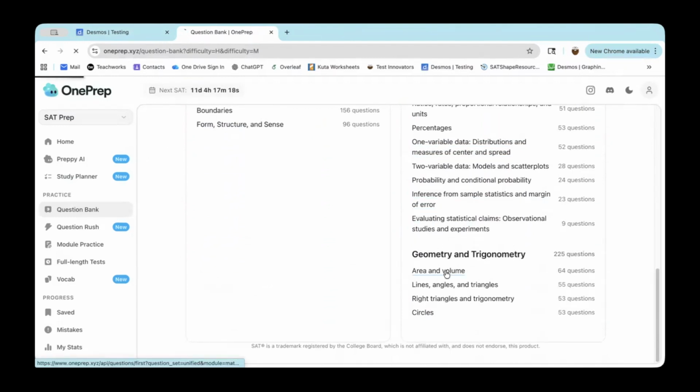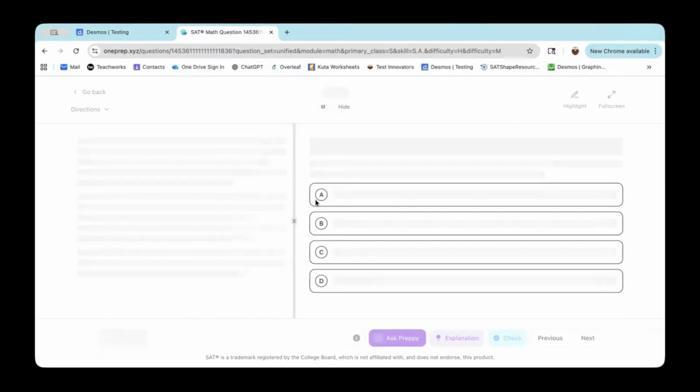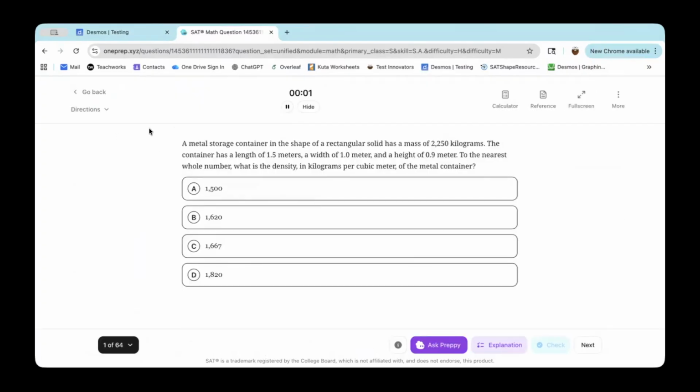I just clicked on area and volume. I don't know why it's so slow, but then it'll take you to a bunch of questions. And there's 64 questions that it has on area and volume.